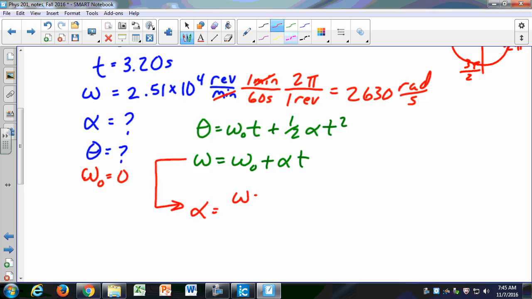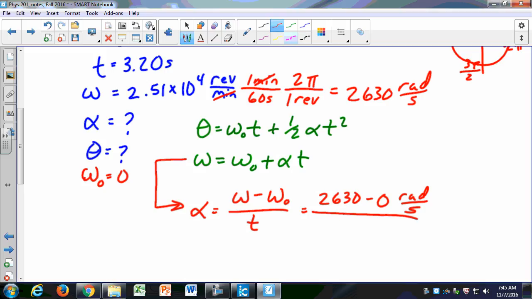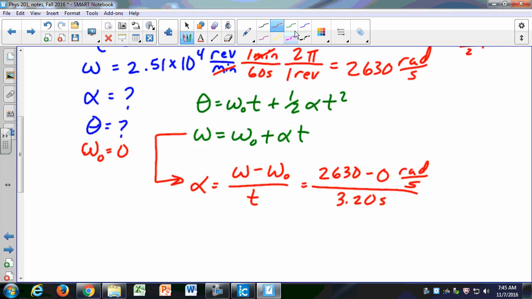I say alpha equals omega minus omega naught divided by t, and that gives me 2630 minus 0 radians per second divided by the time that's given, which is 3.20 seconds. And then I get a value for my alpha.